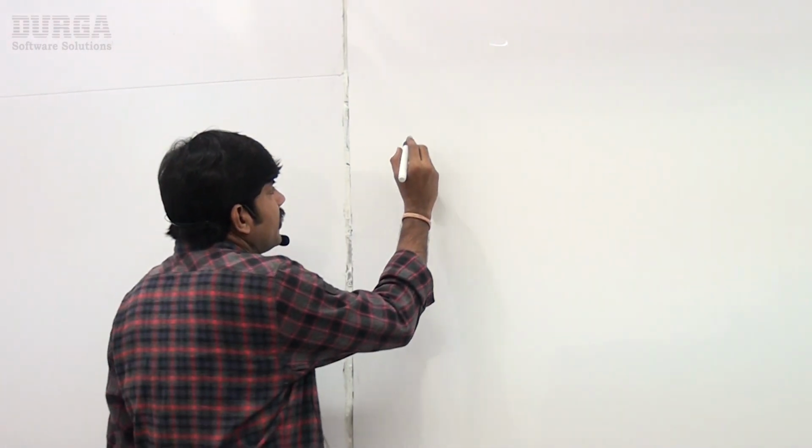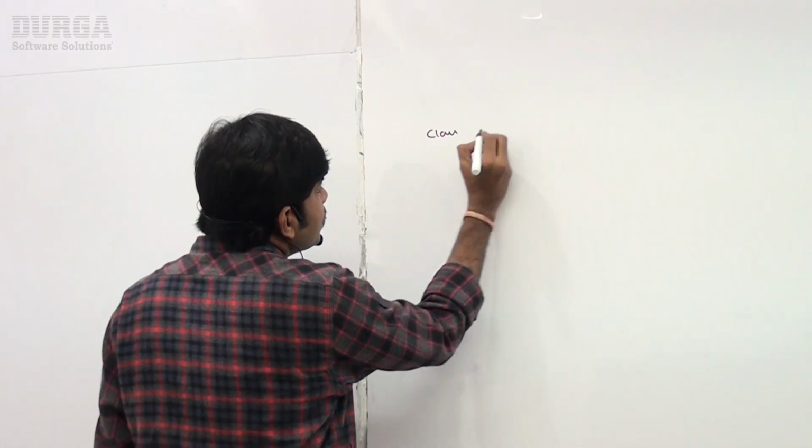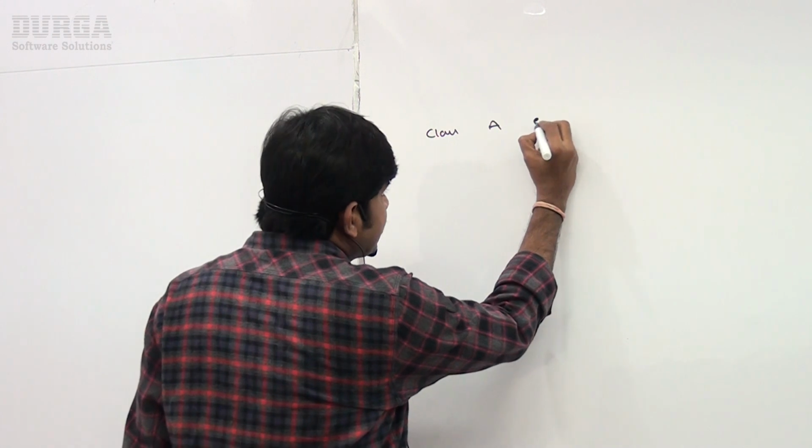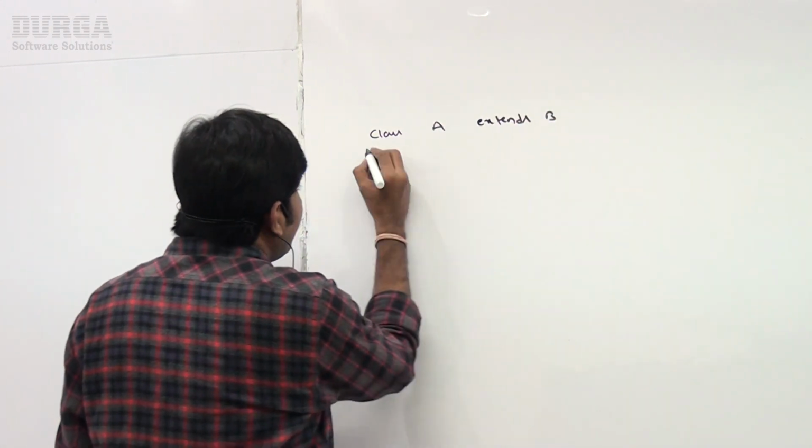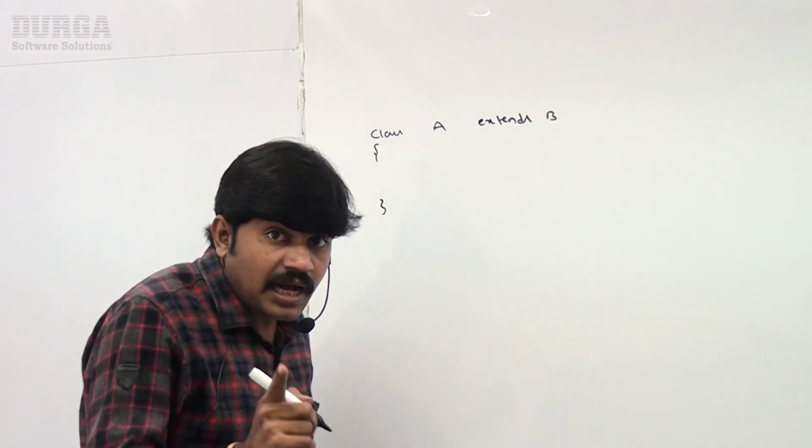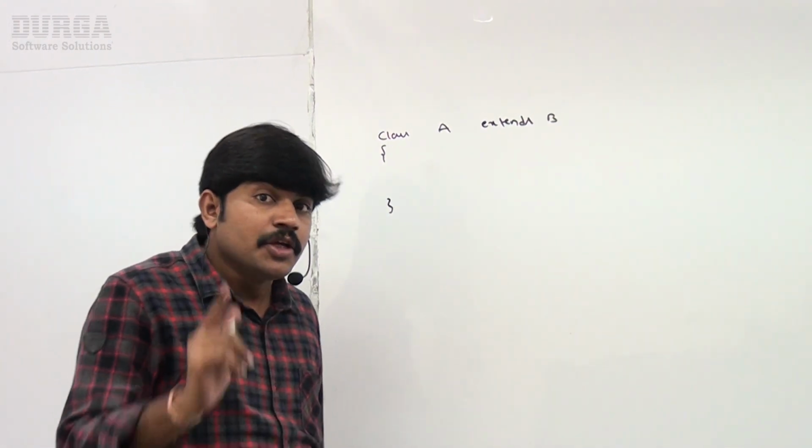Then the interview person may ask another question, trying to create confusion in the interview room. Do you know every class in Java is the child class of the Object class, either directly or indirectly, correct? Now the interview person will say, I have one class here, class A extends B. Java provides support for multiple inheritance even in classes.